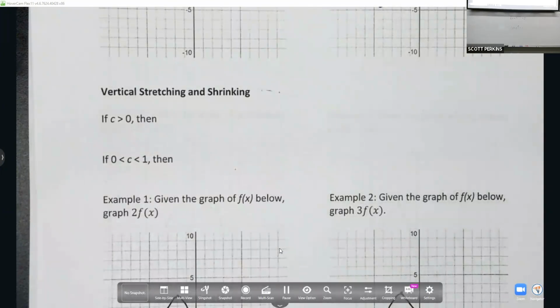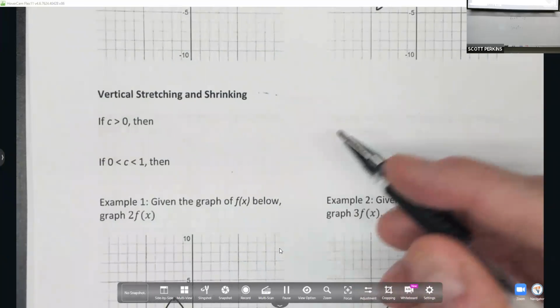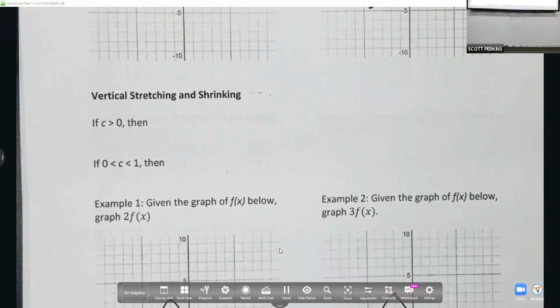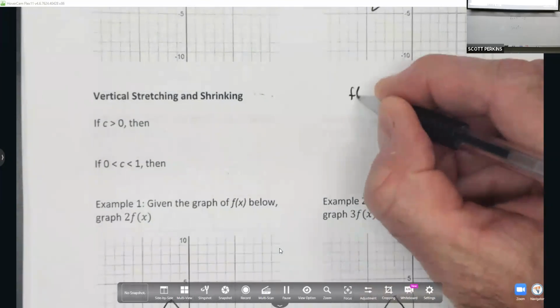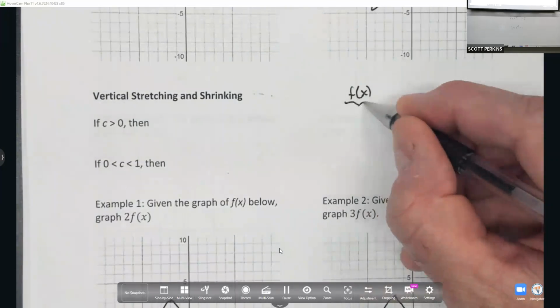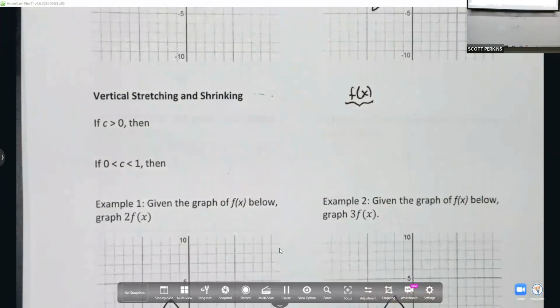Once again, I'm going to start with the vertical direction because it's a little more intuitive, like we started off with our translation. So once again, I'm going to ask you the same question now that I asked you last time. If I say f of x, this right here, this f of x, what value is f of x on the graph?